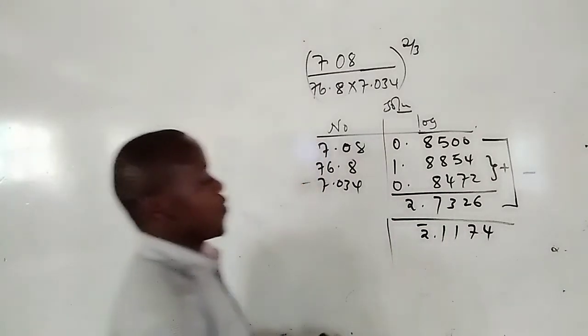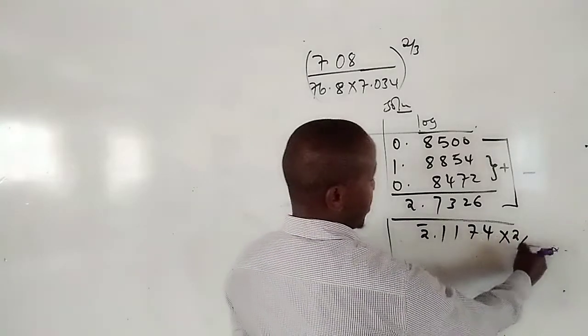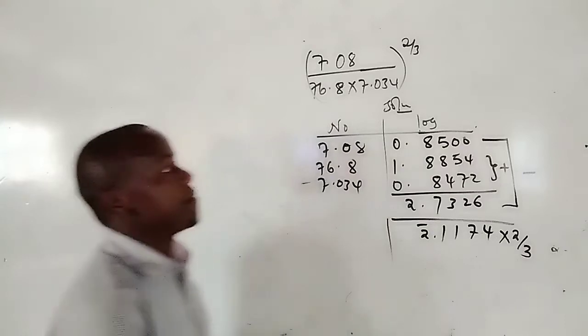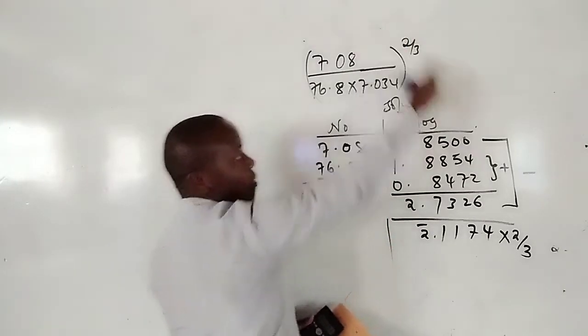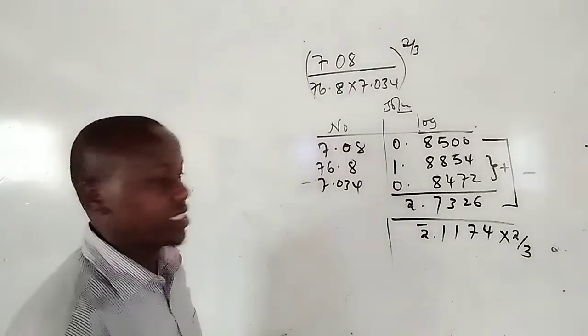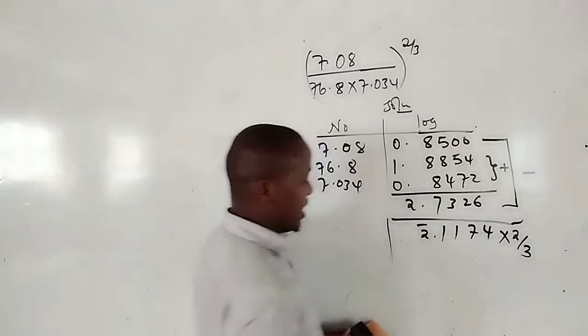Therefore now, we multiply this one by 2 and we divide by 3, because this means the third root raised to power 2. Therefore we multiply with the index.